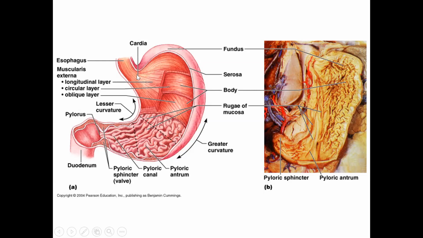Because this sphincter is really weak, we actually need help from the diaphragm to control the stuff in the stomach. We don't want particles to flow back into the esophagus.